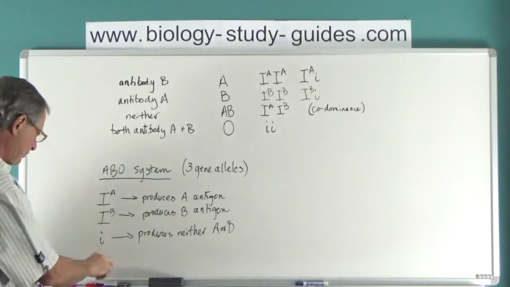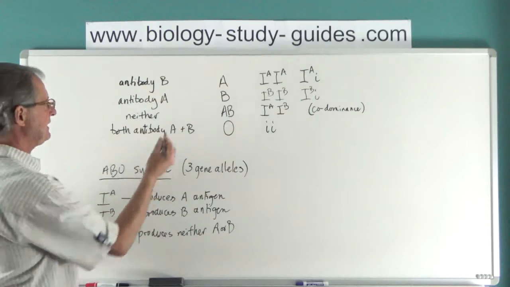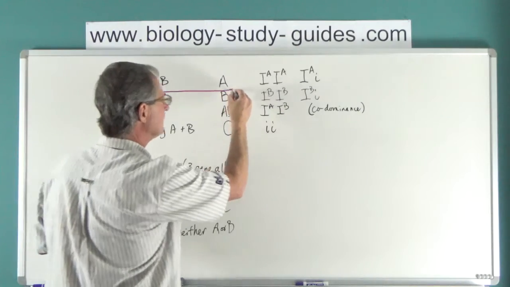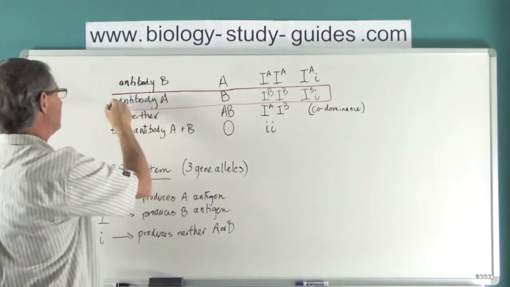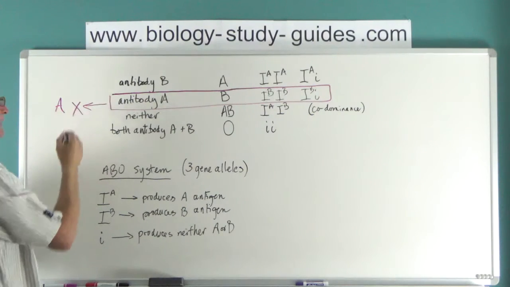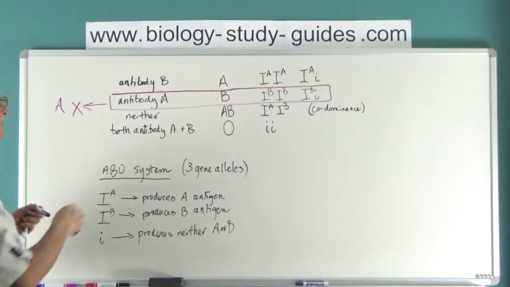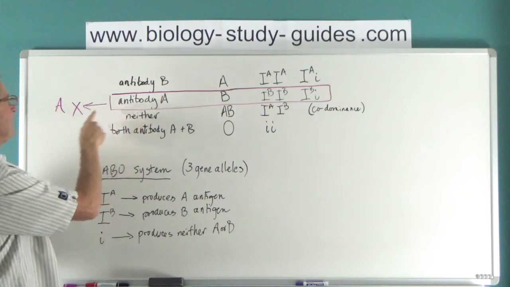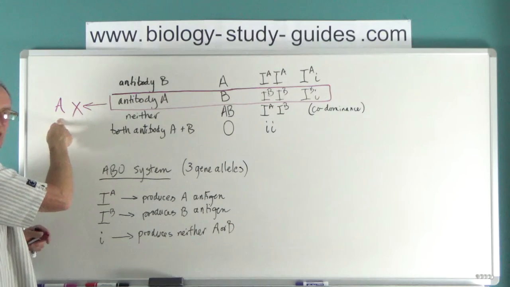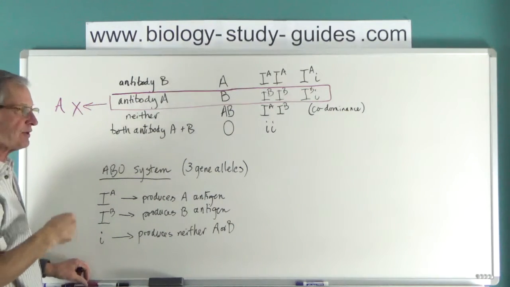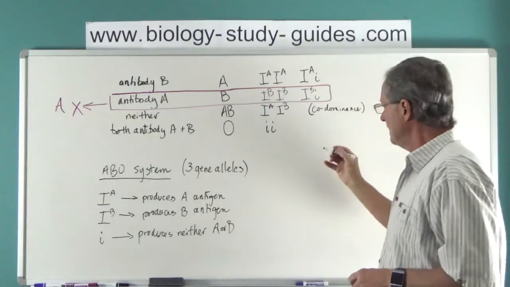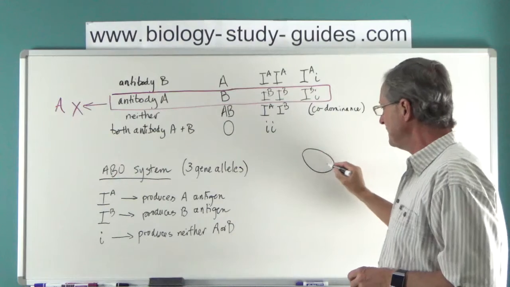So for example, a person with blood type B could never give blood to a person with blood type A. It would be lethal because antibody A would react with the antigen A on that person's red blood cells and cause agglutination. So the person's blood would agglutinate, and if you remember, agglutination is that reaction between antibodies and antigens.